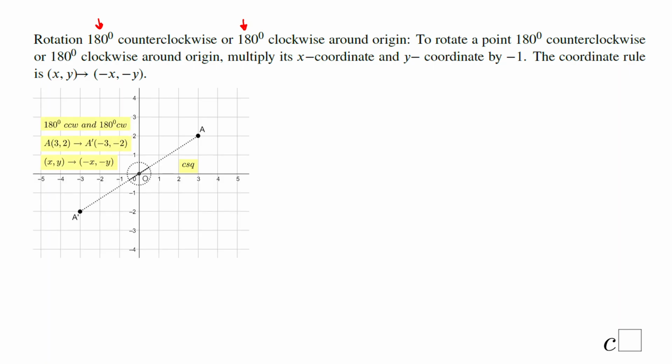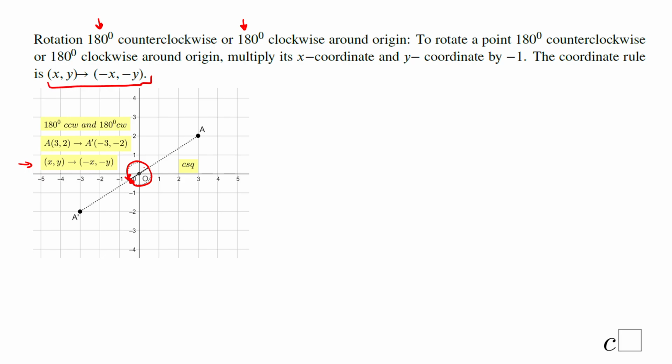You will see it here, I think it's the easy one in rotation. The rule: (x, y) becomes (-x, -y). Don't switch x and y, keep them, just change the sign.